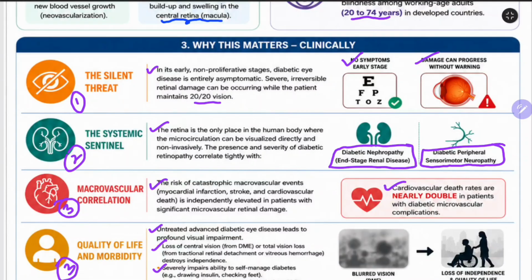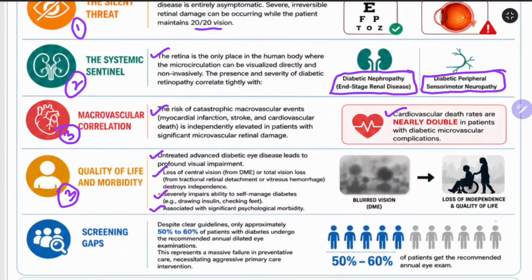It severely impairs ability to self-manage diabetes, example drawing insulin, checking feet, and it is associated with significant psychological morbidity also. So there is a blurred vision patient that leads to dependence of the patient. Patient will become dependent because eyes are very necessary to manage, no? So eyes are not there, eyes are not working properly, so patient will become dependent.